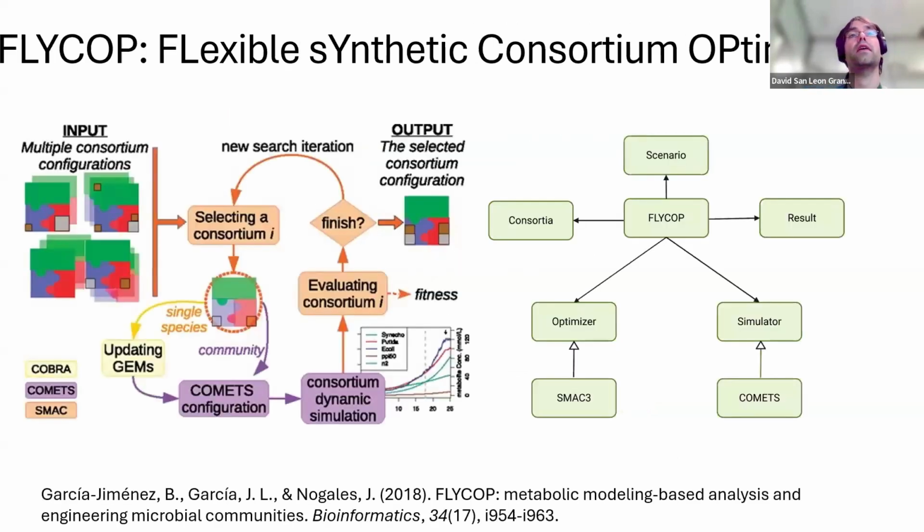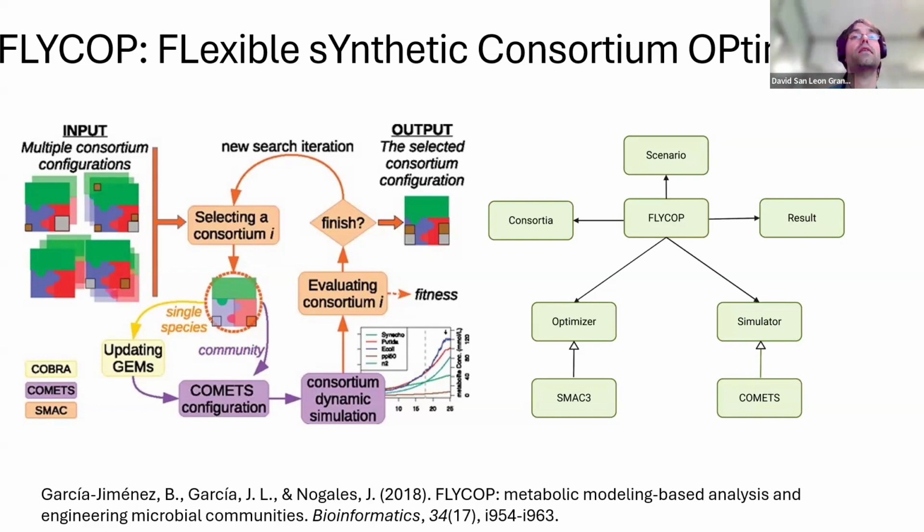And here FLYCOP appears. Once we have the multiple genome-scale metabolic models together, we need to configure them. How to do it? Well, there are tools for dynamic FBA, that is, simulations based on FBA that optimize the growth along time. You can obtain, of course, the concentration of the species at several points of time.